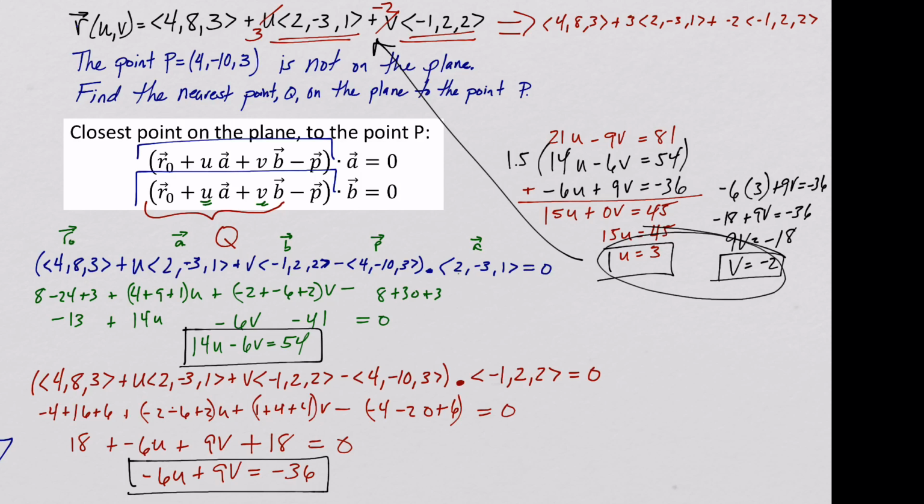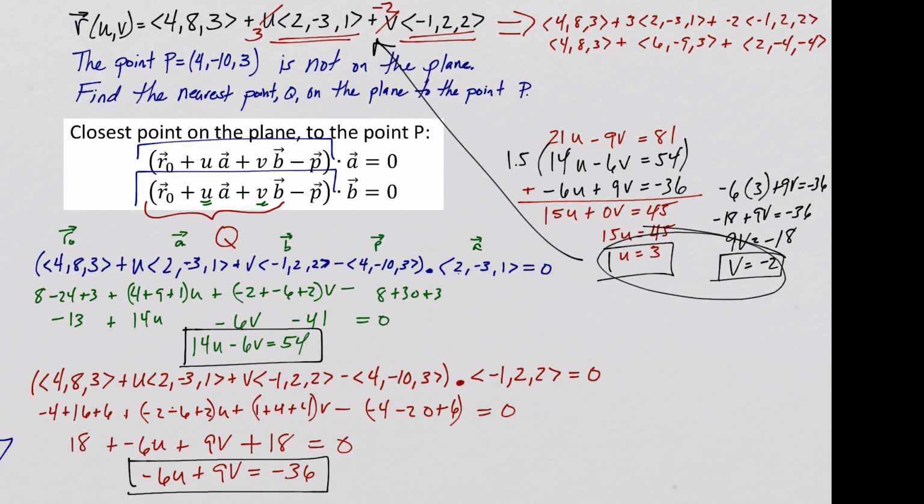And so if we distribute these values, we're going to get the vector 6, negative 9, and 3, plus this vector over here, which is going to be 2, negative 4, negative 4. Let's not forget our vector 4, 8, and 3. So now we're just going to add up all of our components here, right?